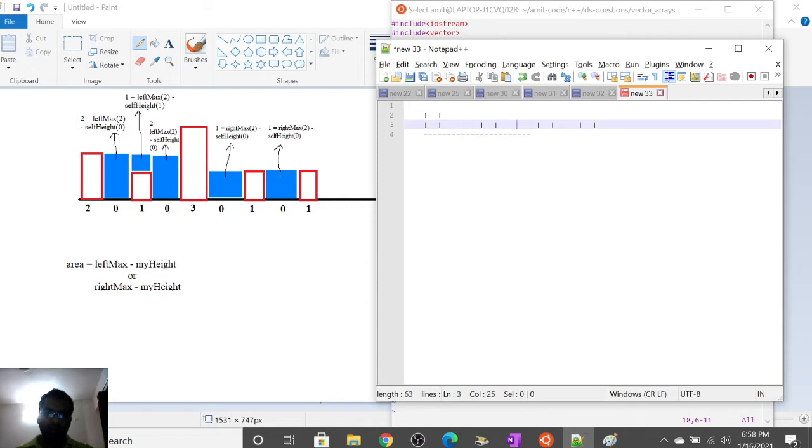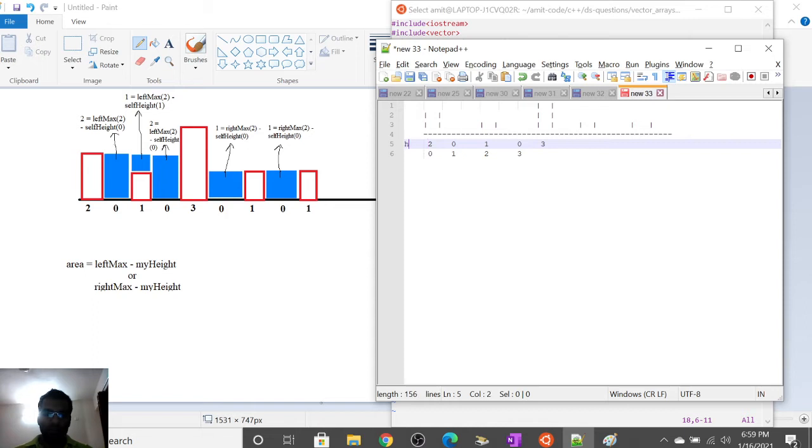So this is 2, this is 1, then this is 3. Okay, then we have 1 and 1. So this is 2, index is 0, then we have 0, index is 1, then we have 1, index is 2, then we have 0. The upper means the height, lower means the index.